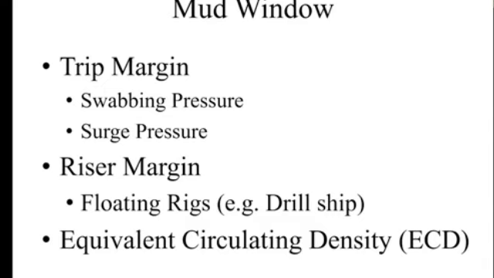Basically, ECD is the downhole pressure divided by 0.052 times TVD. The simplistic definition of ECD is, when we're drilling, what is the weight of the mud we're drilling with.